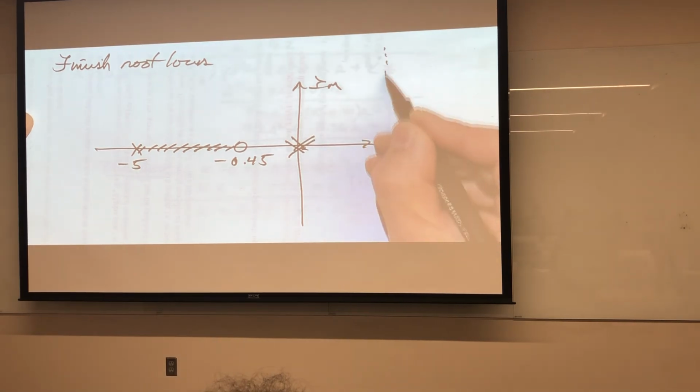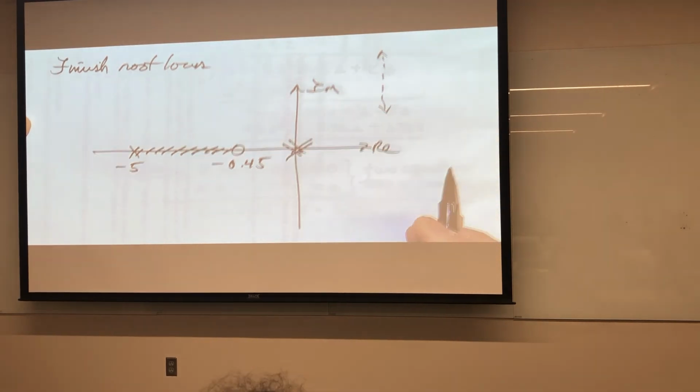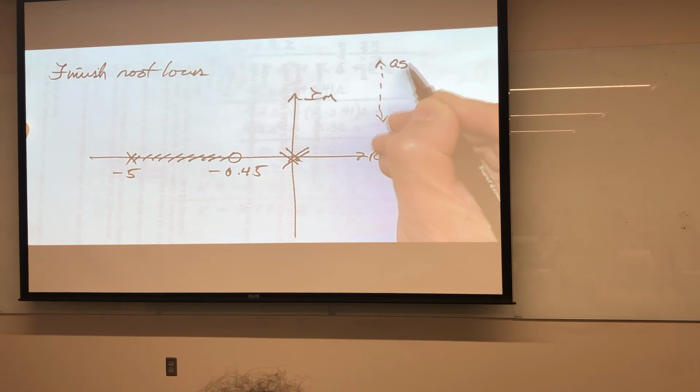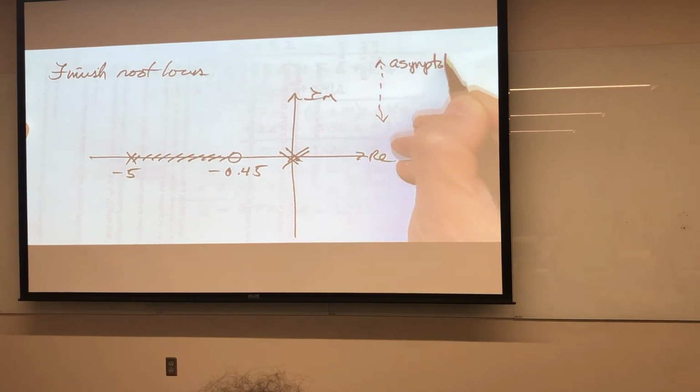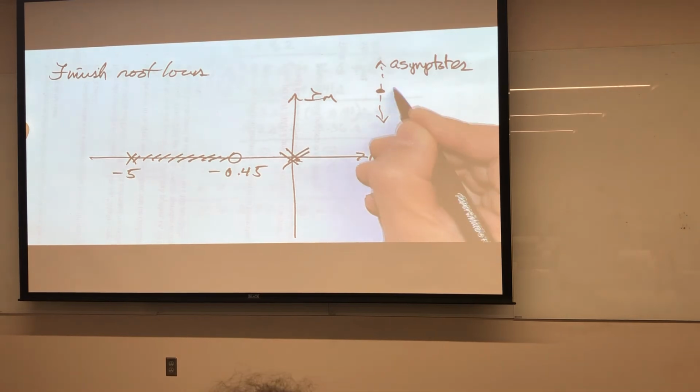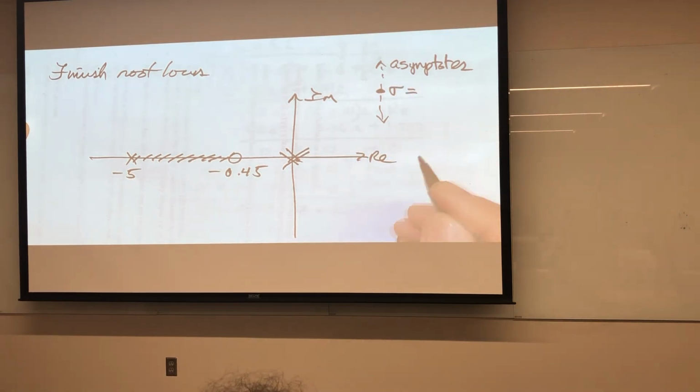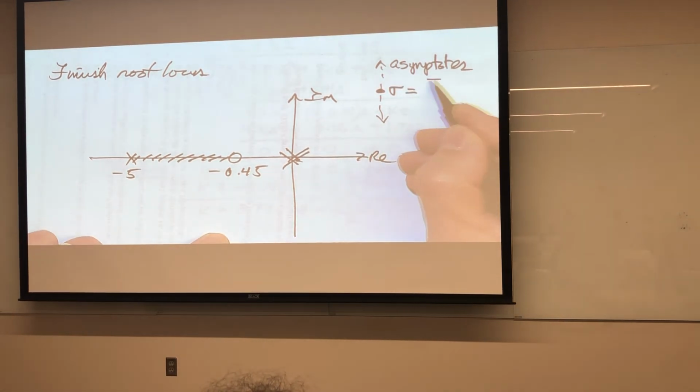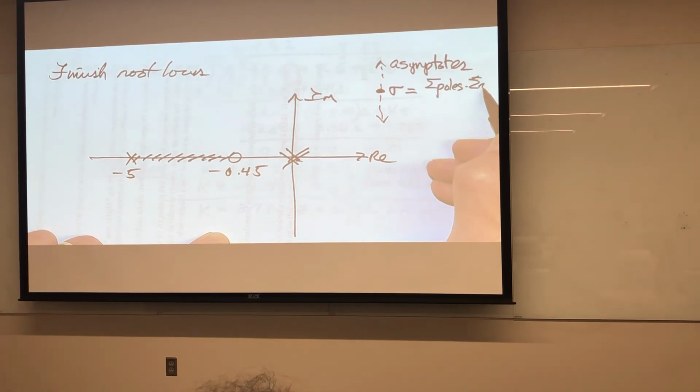We have two asymptotes, and we're going to calculate what this location is, sigma. Sum of the poles minus the sum of the zeros divided by the number of asymptotes, which is 2.